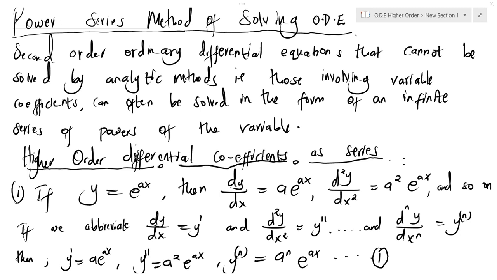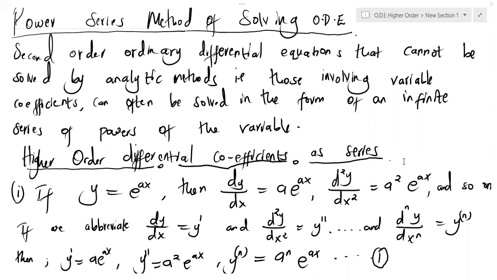If we abbreviate dy/dx to be y prime and d2y/dx squared to be y double prime, then y prime is a exponential ax, y double prime is a squared exponential ax, and y third prime is a cubed exponential ax.